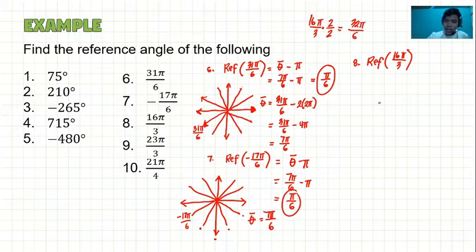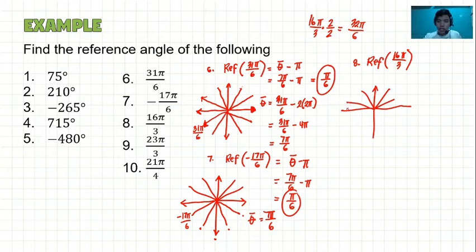Okay, so in that case, we will have this xy plane. So 32 pi over 6 is our counting. Okay, so this is 1, 2, 3, 4, 5, 6, 7, 8, 9, 10, 11, 12. So this is 12. Then another revolution, that is 24.